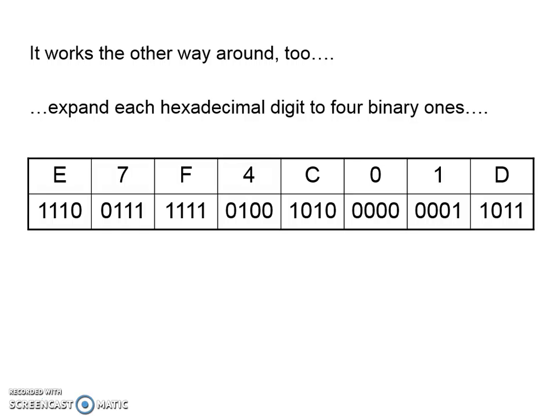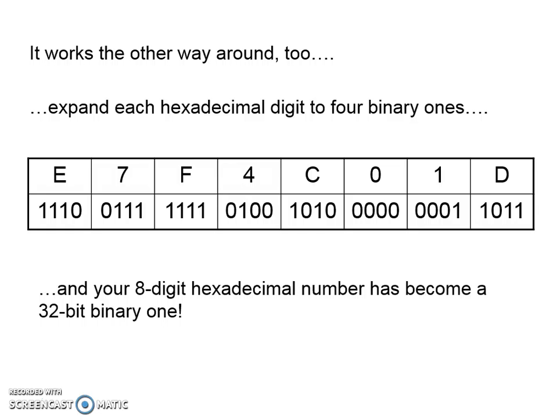D converts to 1101, 1 converts to 0001, 0 converts to, go figure, 0000, and so on. So we've converted an 8-digit hexadecimal number into a 32-digit binary one.